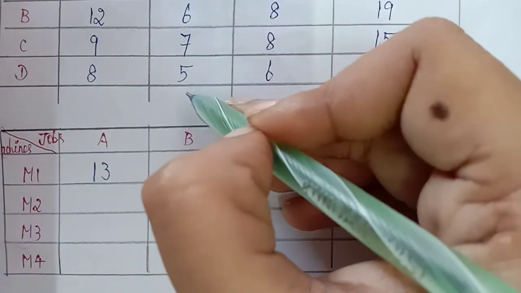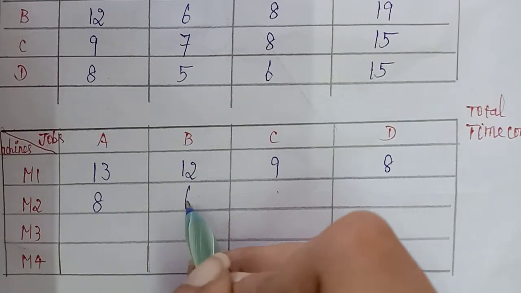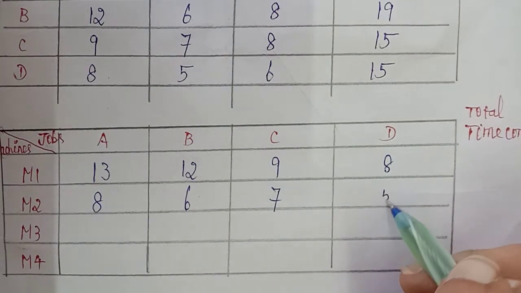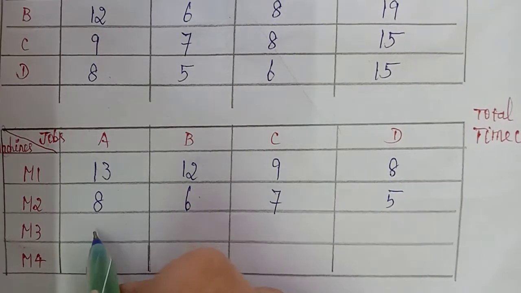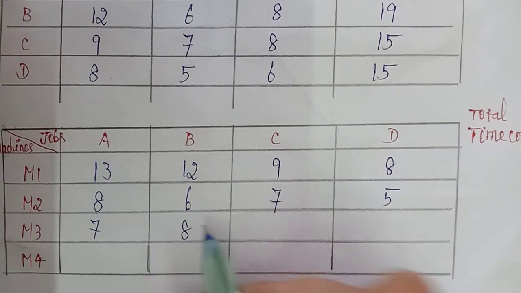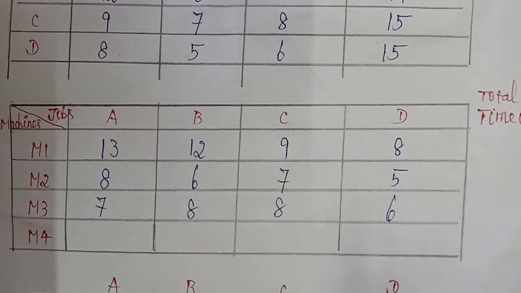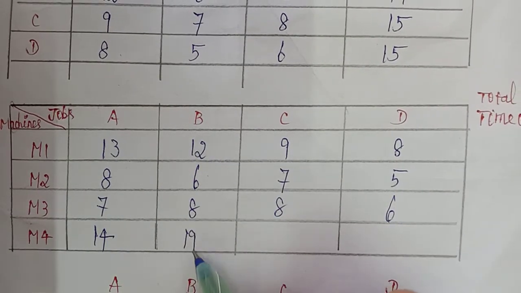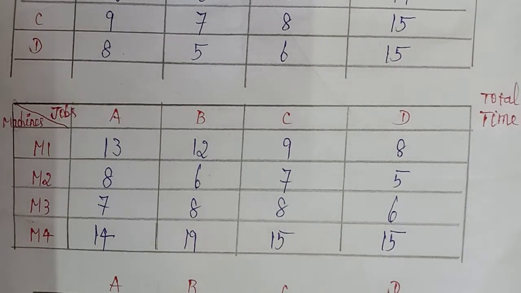Now you write the second column as the second row: 8, 6, 7, 5. Then third column 7, 8, 8, 6. Then you write the fourth column as the fourth row: 14, 19, 15, 15.